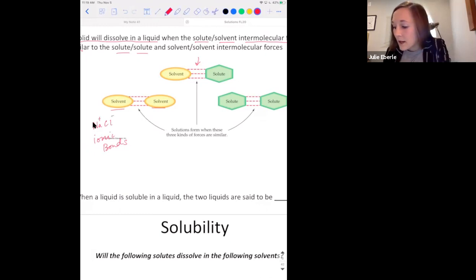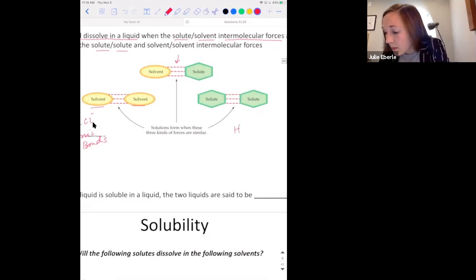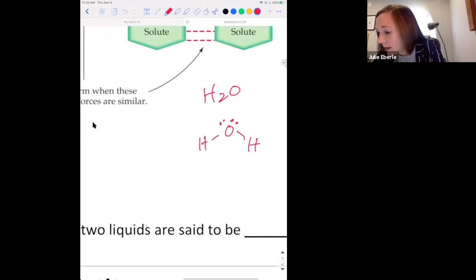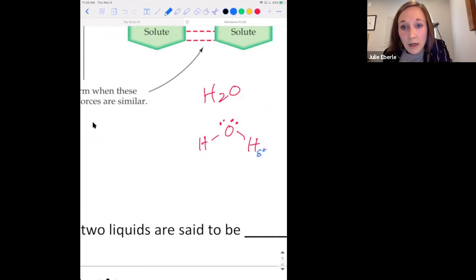If we have water, as an example, what is holding water molecules together? It's based on somewhat of a separation of charge. Hydrogen bonding is holding water molecules together. If I draw two water molecules, there's my lone pair. I'll do it in blue, a partial positive on the hydrogen, because the hydrogen is positively polarized from hydrogen bonding.